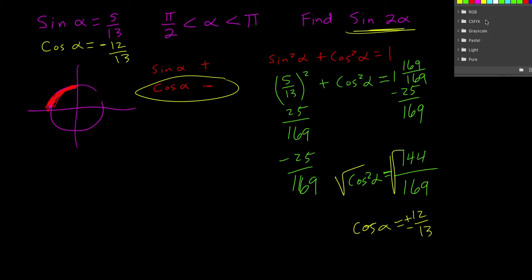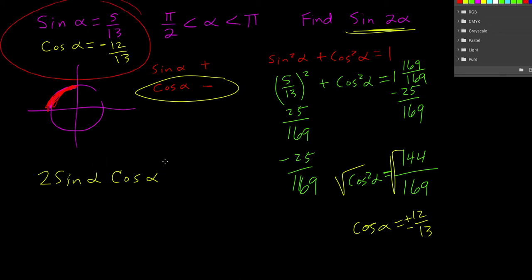Okay, now we're trying to find sine of 2 alpha. And we know that sine of 2 alpha from our double angle formulas is equivalent to this statement. So we're just going to plug in these two values and figure out what it is.